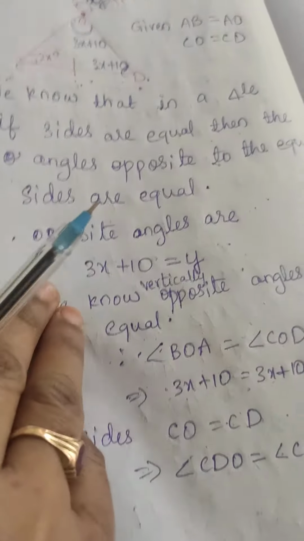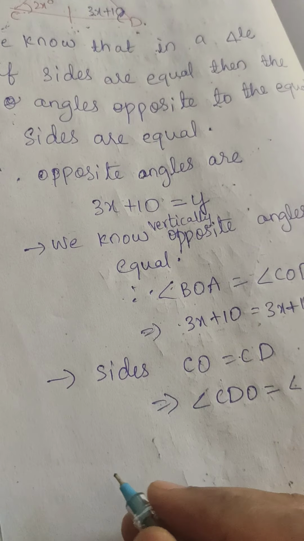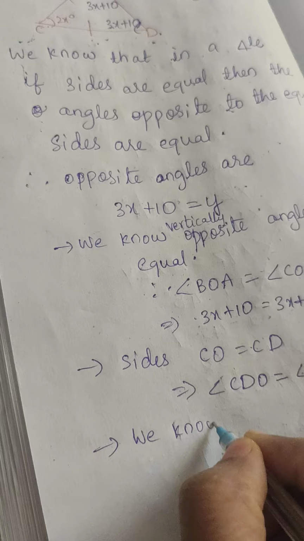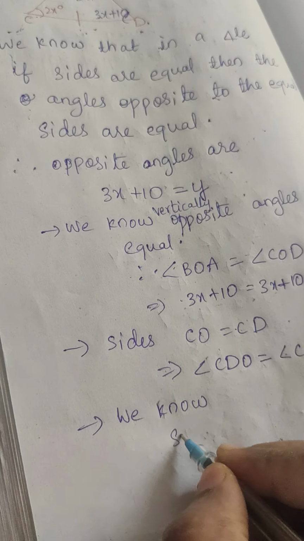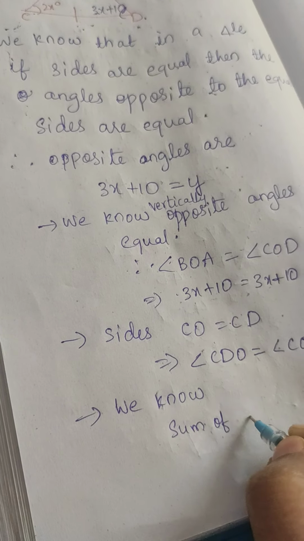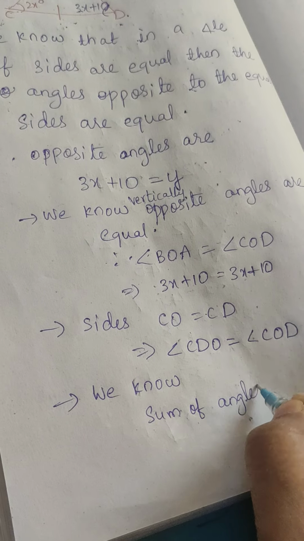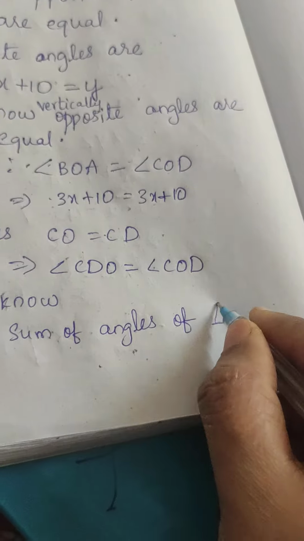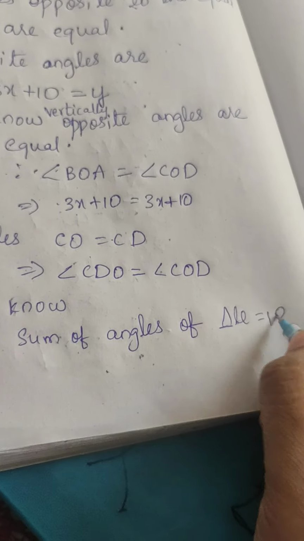We know that sum of angles of a triangle is equal to 180 degrees. We will use that concept now. Okay, we know sum of angles of triangle is equal to 180 degrees.